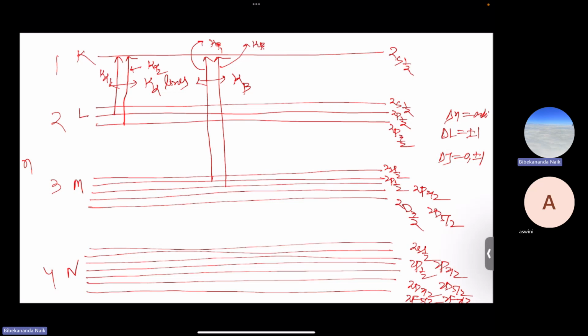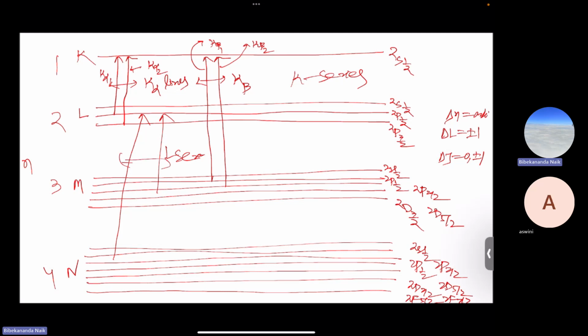So in our question, it is given: the L beta line of X-rays emitted from an atom with principal quantum number 1, 2, 3 arises from the transition of which levels. If you see here, all these are the K series. Similarly, if the transition is occurring from M to L, any level, this is called the L series. And again, if it is N to L, this is also the L series.